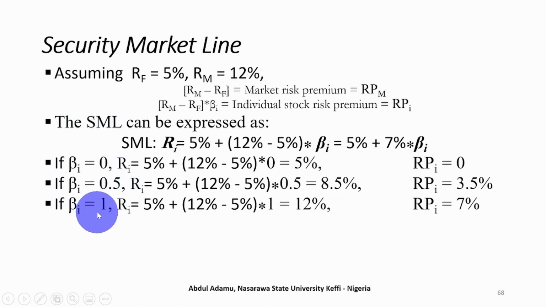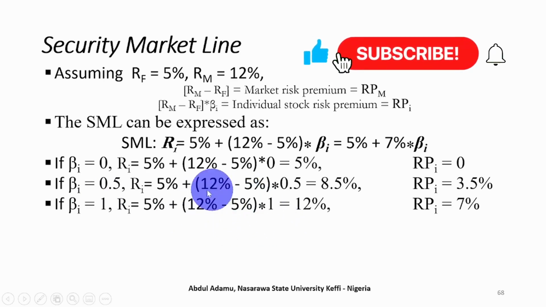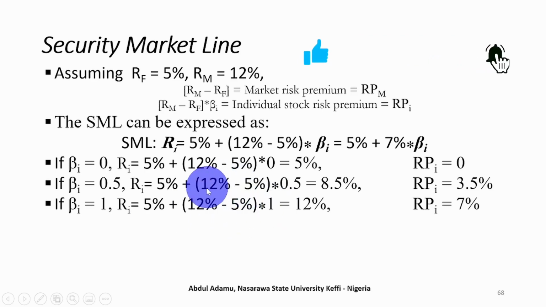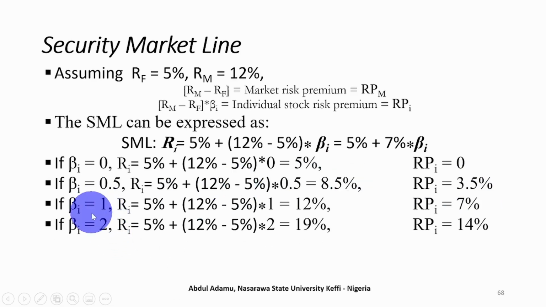If beta is less than 1, say half of 1, the risk premium of the stock is going to be half of 7%, which is 3.5%. So our required rate of return will be 8.5%. If beta is double that of the market, that is 2, the individual stock risk premium will be double that of the market, which is 14%.